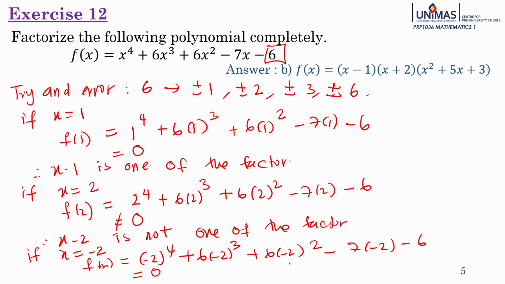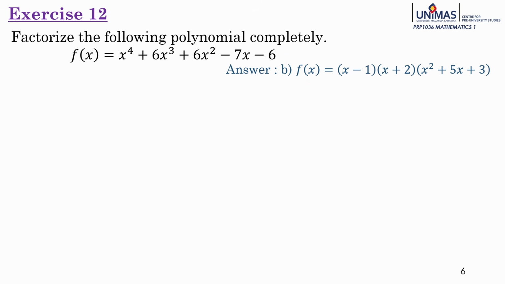So we can say that x plus 2 is one of the factors. Now we factorize the polynomial completely using long division. You get the factors x minus 1 and then multiply by x plus 2. When you expand, you get x squared plus x minus 2.